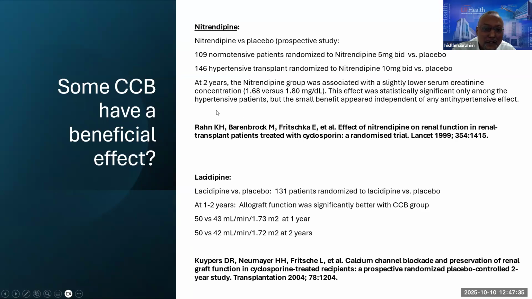So calcium channel blockers maybe, but we need bigger studies to get a better idea of how effective these are. There seem to be indications that calcium channel blockers may be effective, especially these two. So basically, this is an area that needs further research.